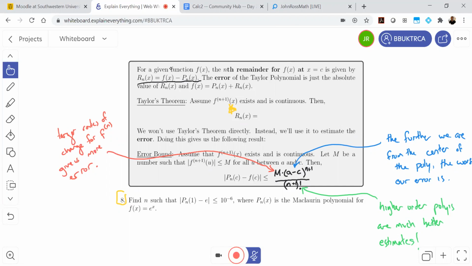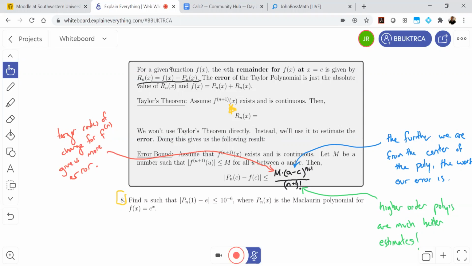And we'll notice that both the remainder and the error are defined in terms of x, right? So they're both functions. At a given point x, the remainder is the difference between the function at that x value and the polynomial at that x value. And then the error is just the absolute value of that.